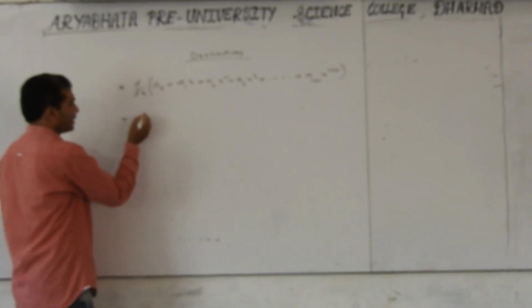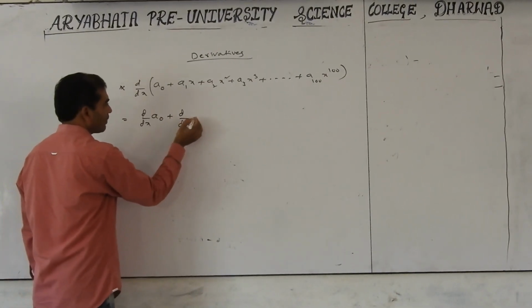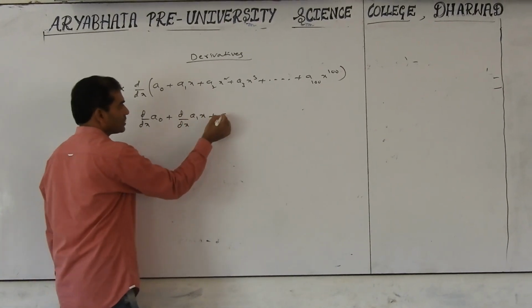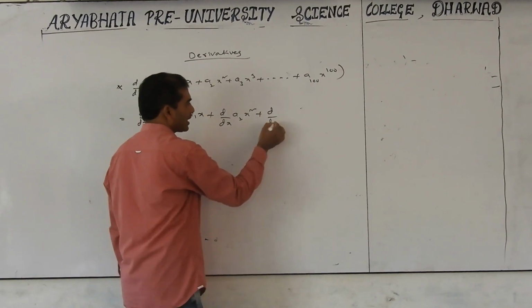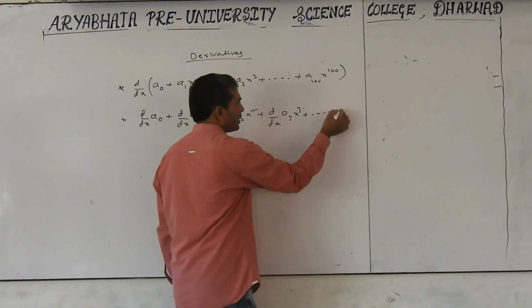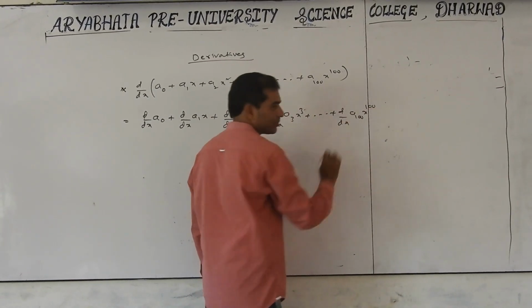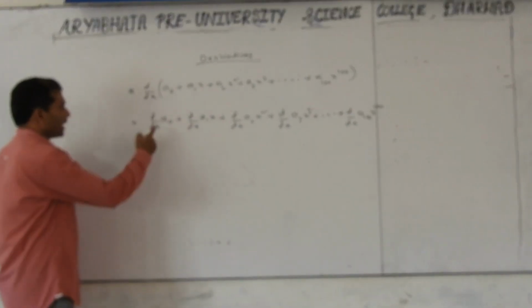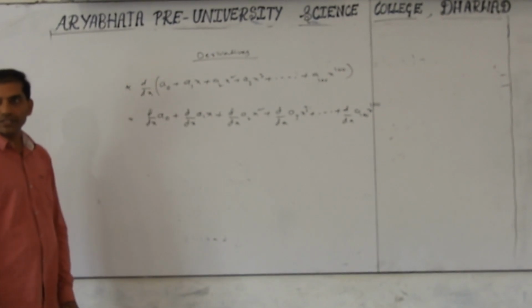Separate and split: d by dx of a naught plus d by dx of a1x plus d by dx of a2x squared plus d by dx of a3x cube plus so on, d by dx of a100 x power 100. Here a naught is constant. The constant derivative is 0.